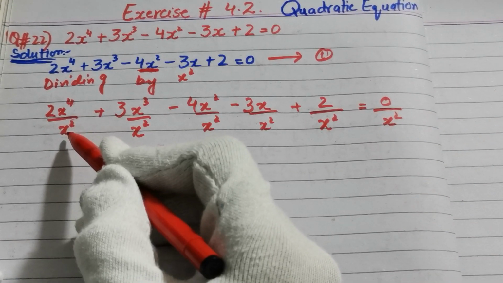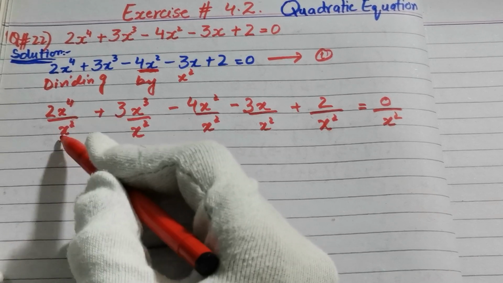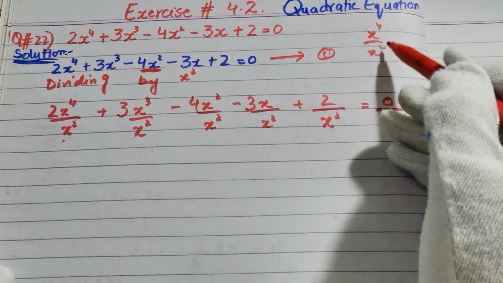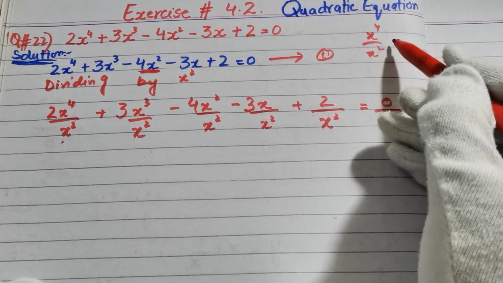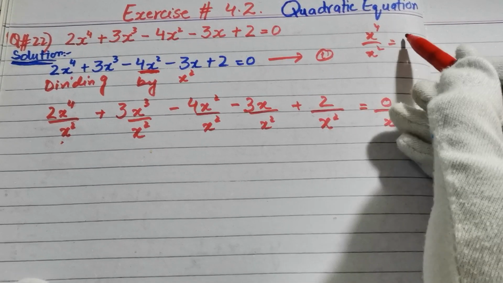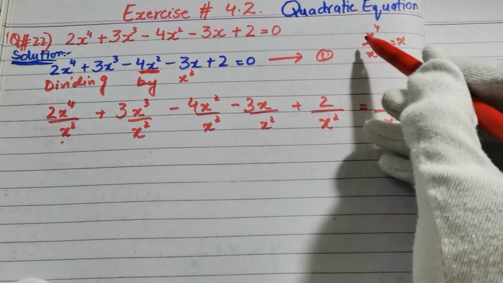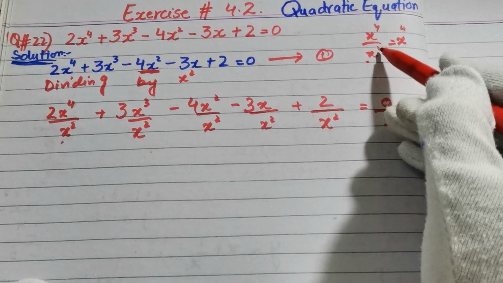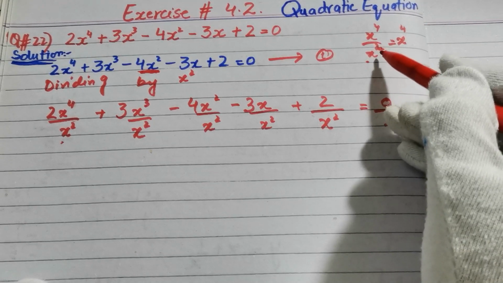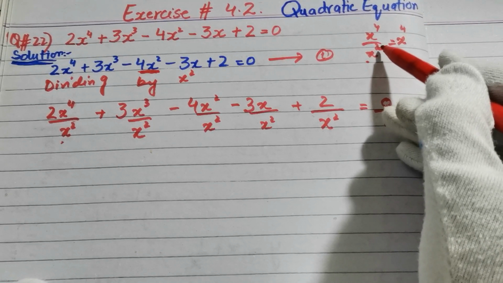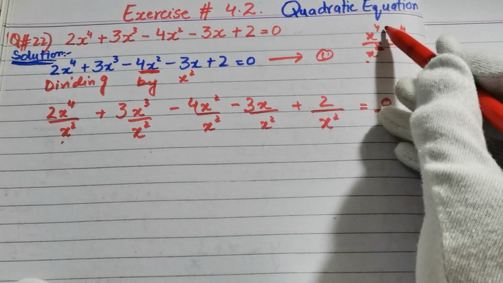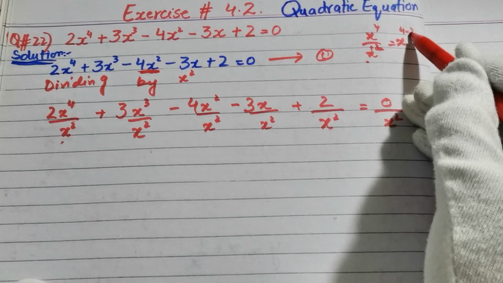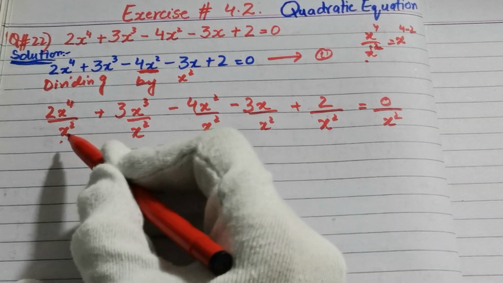x4 divided by x square: when the variable is in this form of power, we write the variable base one time and 4 as it is, and when we take this power in the denominator, the positive sign becomes negative, so 4 minus 2 becomes 2.